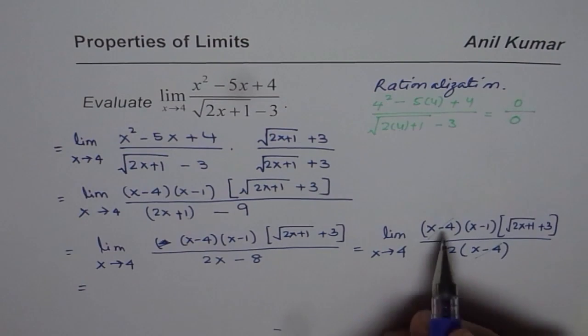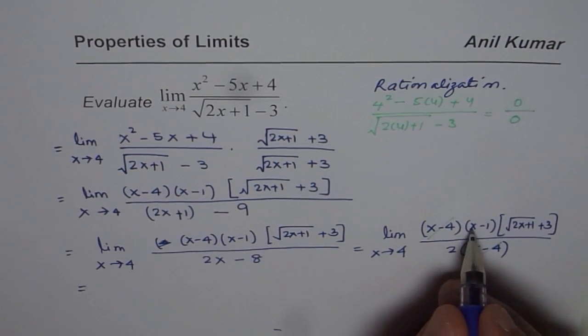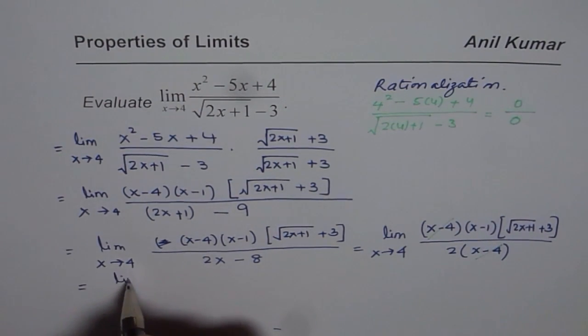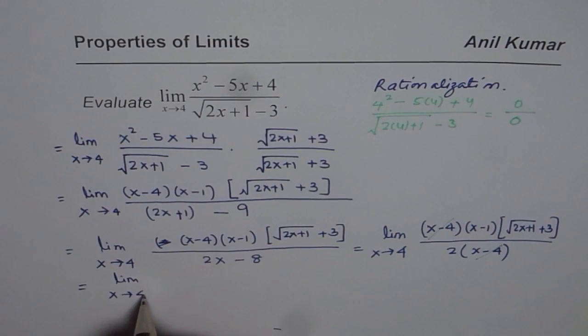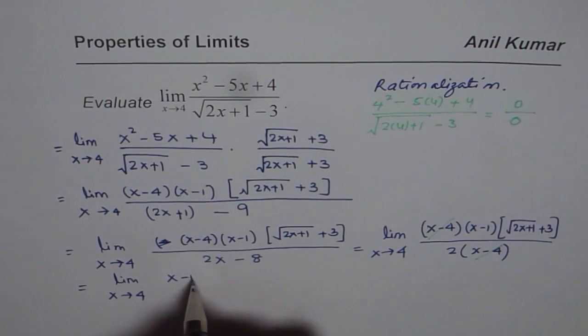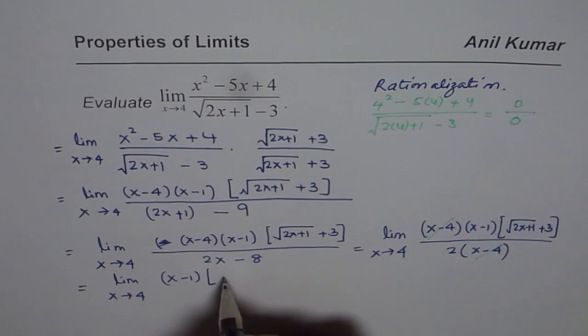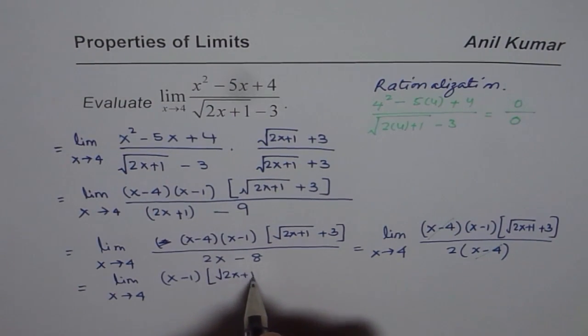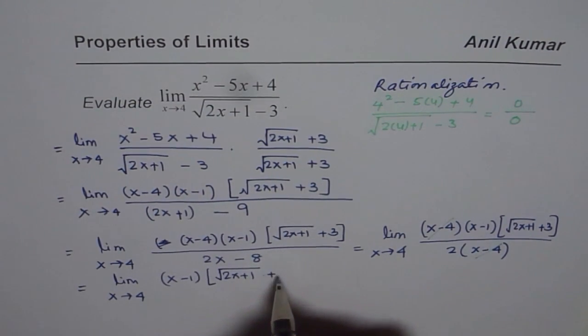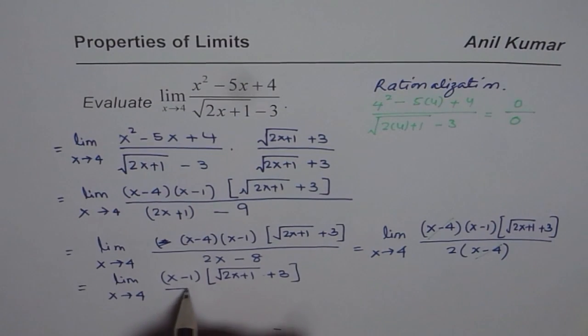So to find the value, we can now substitute here. What do we get? We get limit x approaches 4, x minus 1 times square root of 2x plus 1 plus 3 divided by 2.